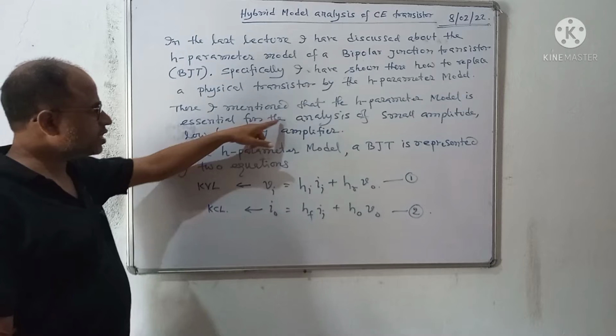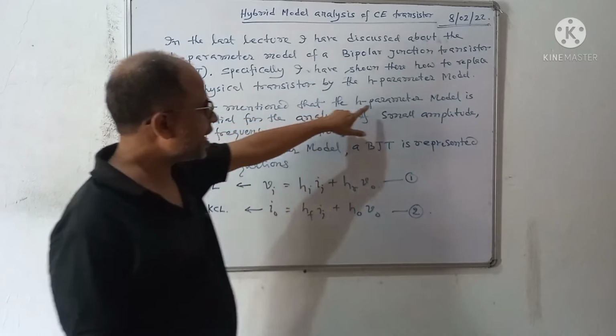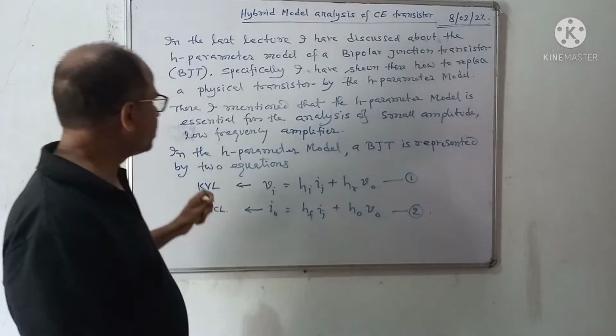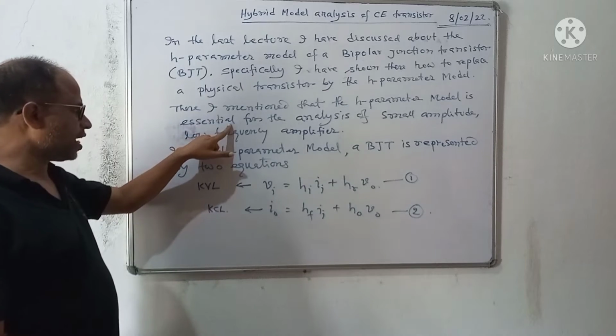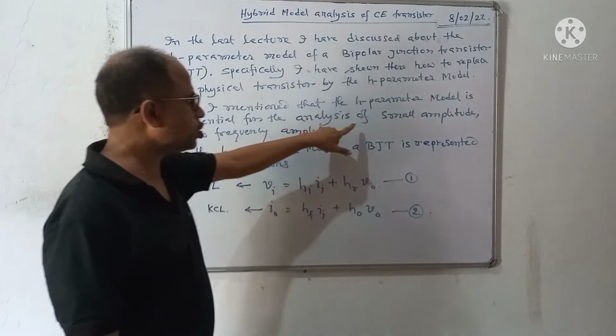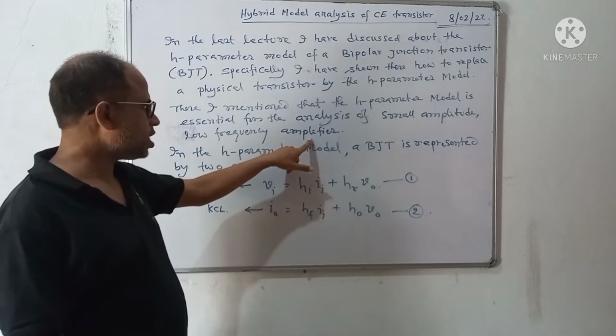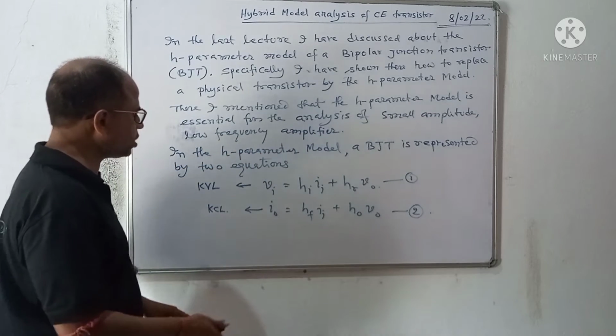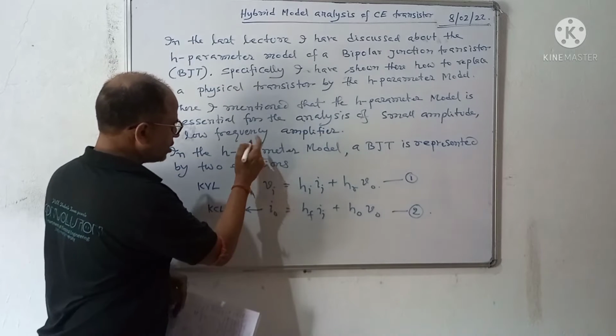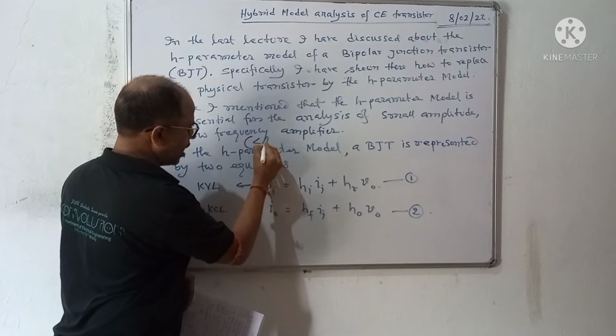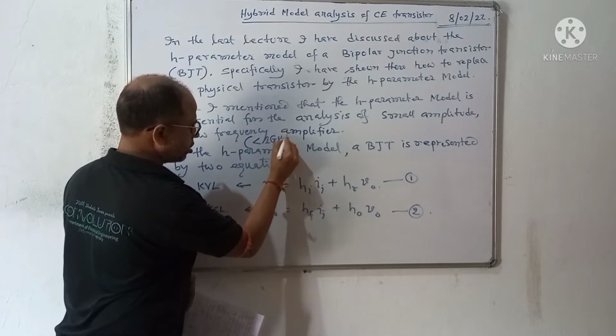There I mentioned that the H parameter model is essential for the analysis of small amplitude low frequency amplifiers. Low frequency means less than 1 gigahertz.